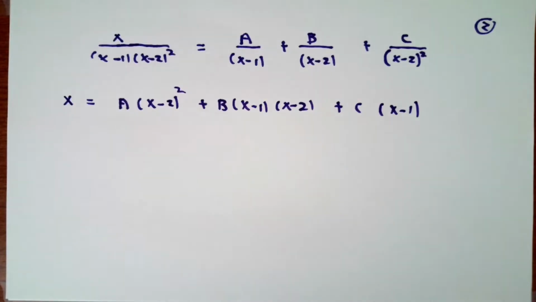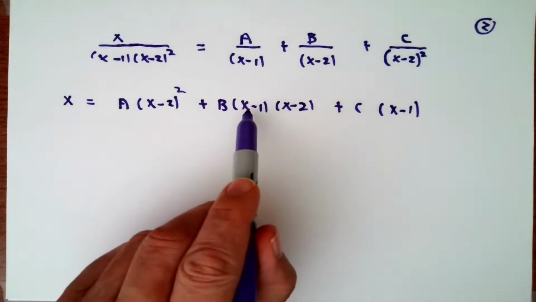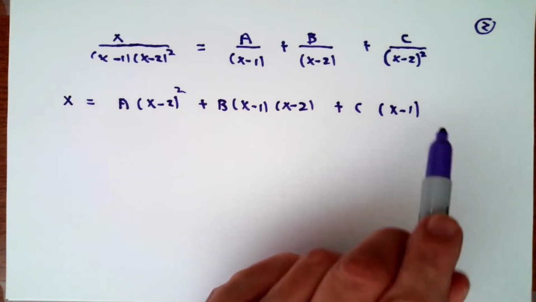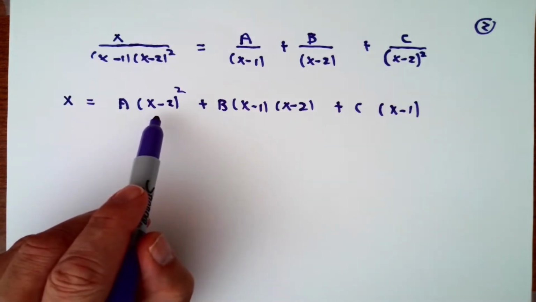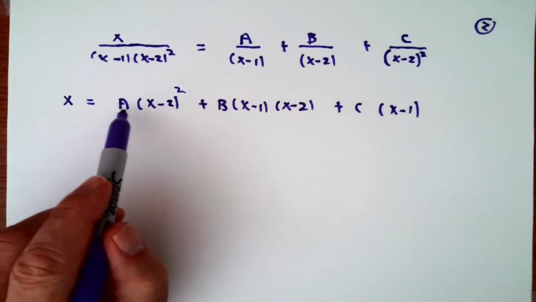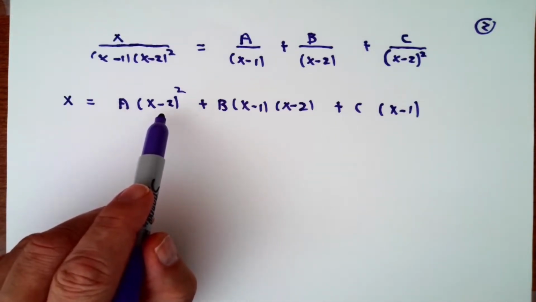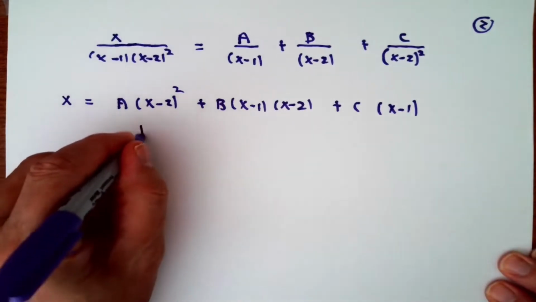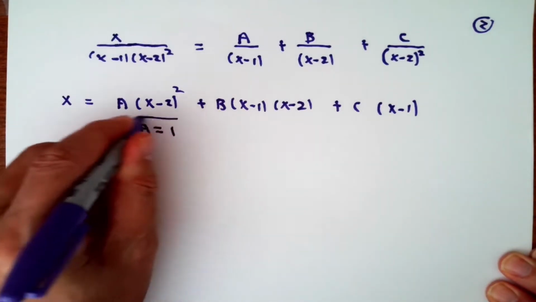Clear the fraction in the usual way. I have two special numbers, 1 and 2. So I'll take one of these two special numbers and evaluate my equation at that x number.